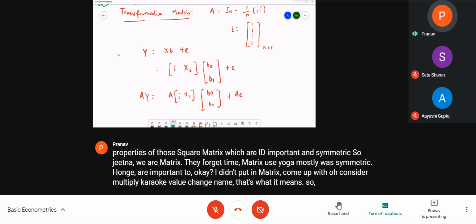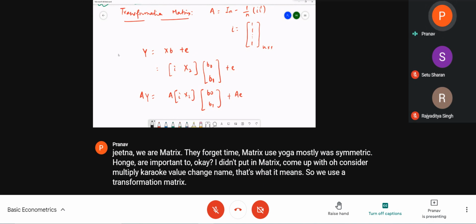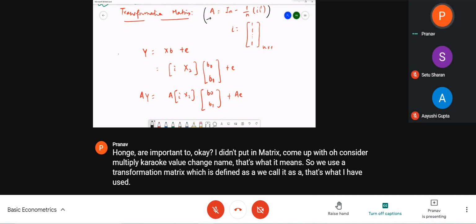So we use a transformation matrix which is defined as A. We call it A; name it anything. A is I_n minus 1 upon n, I I transpose. This I_n is your identity matrix of the order n.